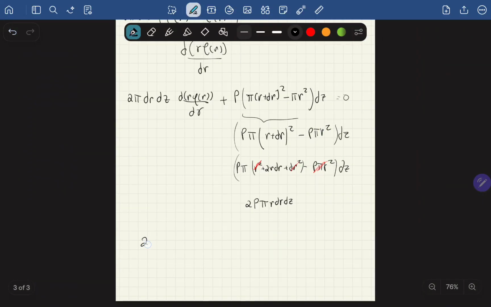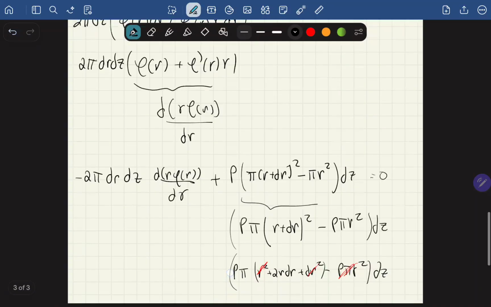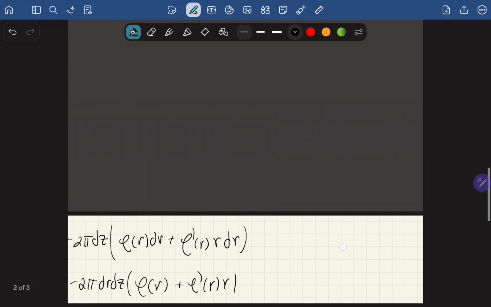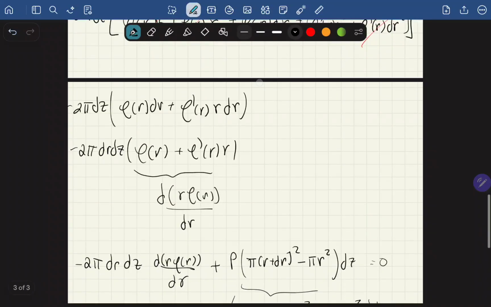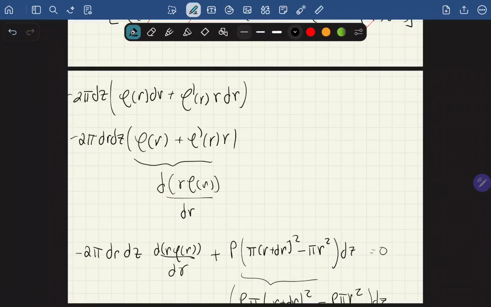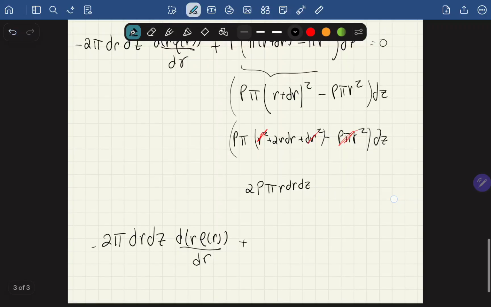And then we have 2 pi dr dz d/dr of phi of r dr, and, sorry, this should be a minus here if I'm not wrong. I think I ate a minus sign somewhere around here. Yes, I did. If I put the minus there, then it becomes a plus. So minus this, and then plus 2 p pi r dr dz equals 0.